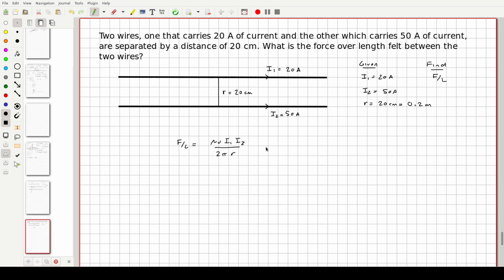Right? Mu naught is 4 pi times 10 to the minus 7th tesla meters per amp. We have 20 amps. We have 50 amps. We're going to divide by 2 pi times r. R is 0.2 meters.